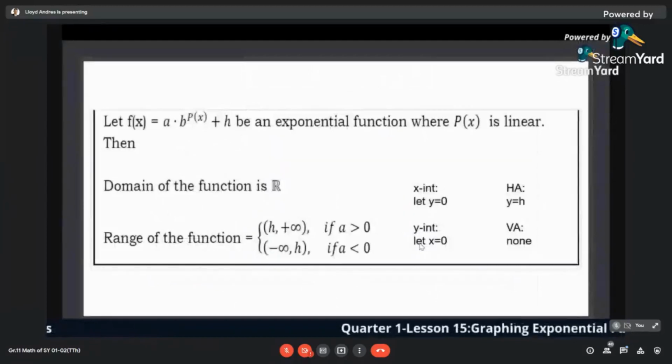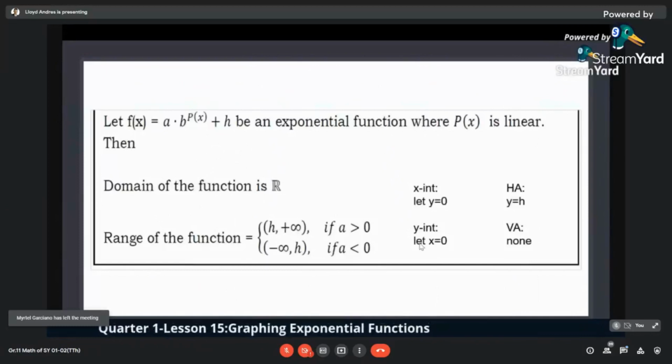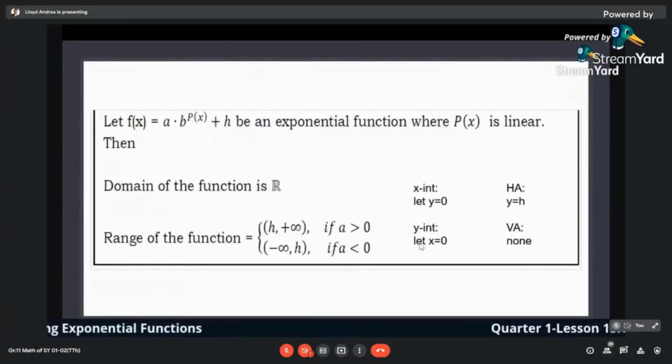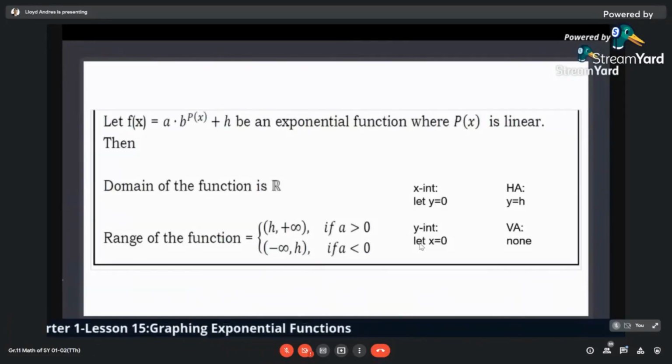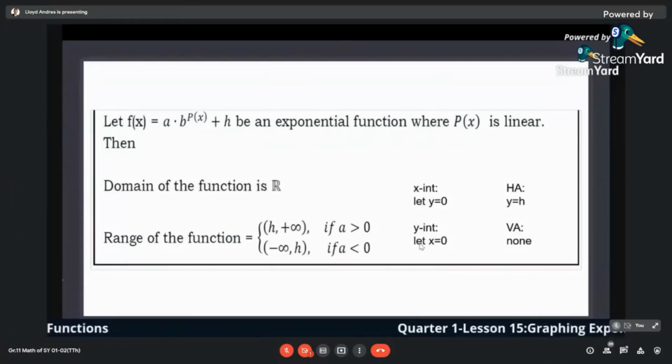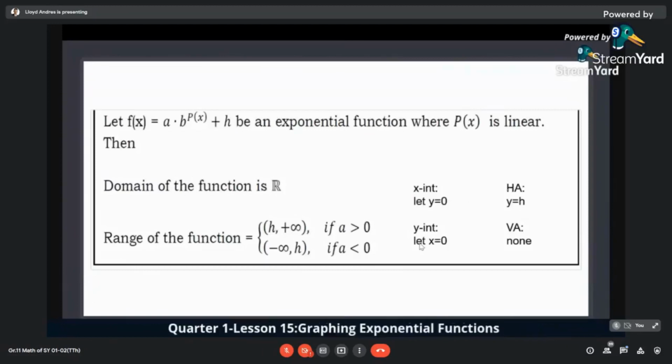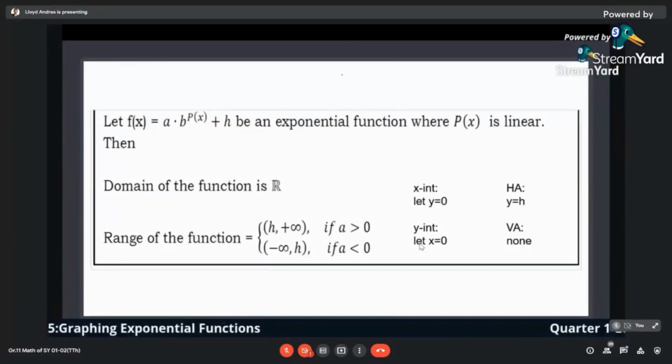Again, those properties are applicable only if the function is in the form b raised to x. But in general, this is the process to determine the domain, range, x-intercept, y-intercept, horizontal asymptote, or vertical asymptote if it is not just b raised to x.